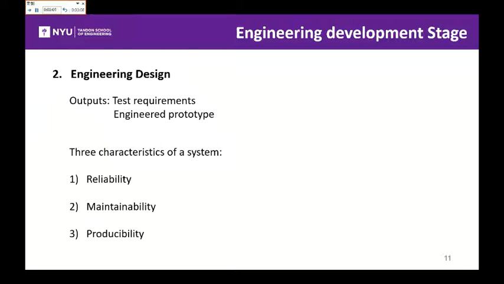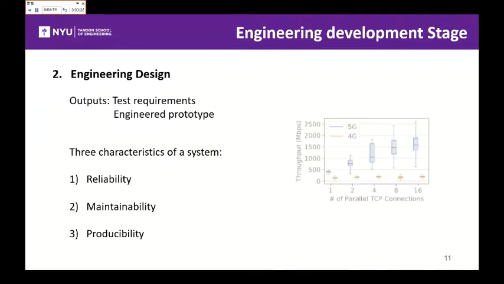Then the last is the throughput. In 5G technology, it should provide a network speed from 1 gigabytes per second up to 20 gigabytes per second.